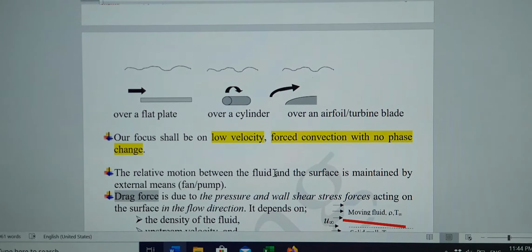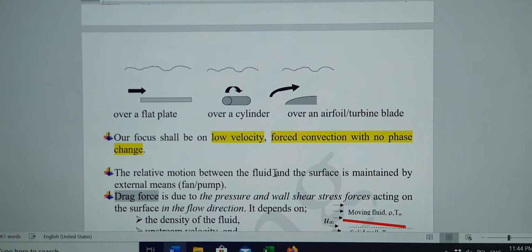Low velocity means nothing above three-digit meters per second, and no phase change like evaporation or condensation, because such analysis is very complex. The relative motion between the fluid and the surface is maintained by external means.